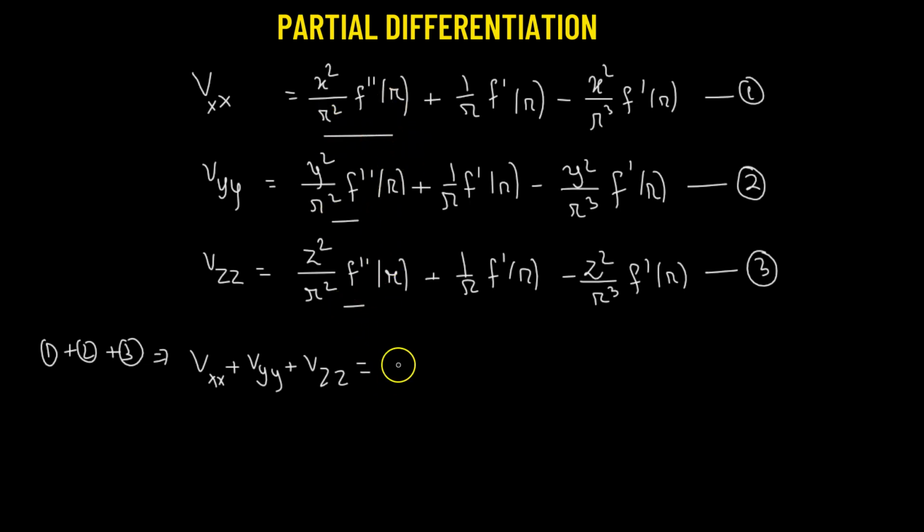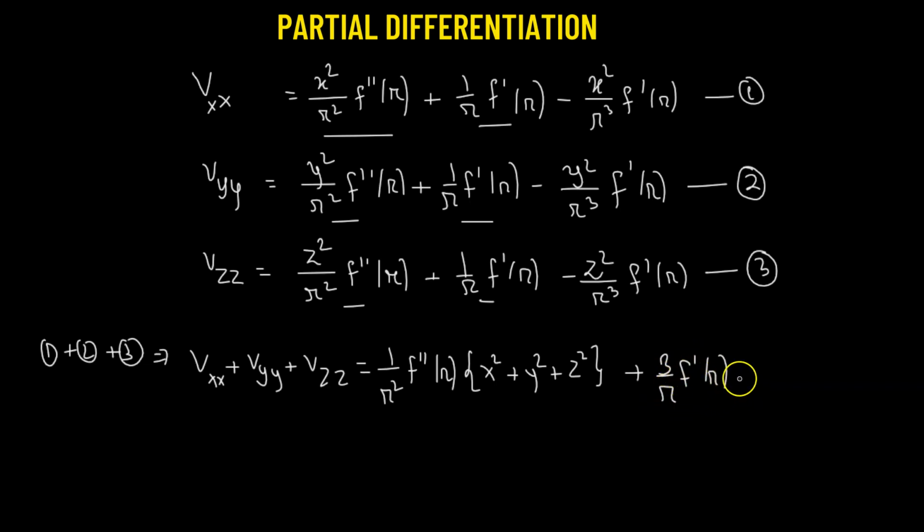Here we have 1 over r squared times f double prime r, which will be common, and this will get multiplied to x squared plus y squared plus z squared, plus, these 3 terms are the same, so we have 3 over r multiplied to f prime r minus x squared plus y squared plus z squared divided by r cubed, whole multiplied to f prime r.